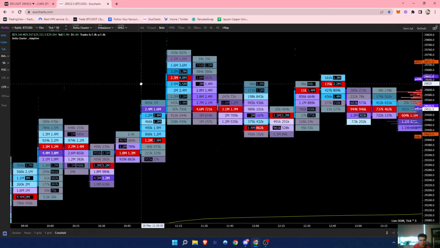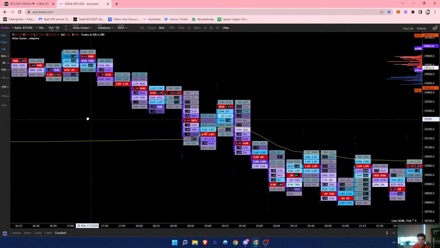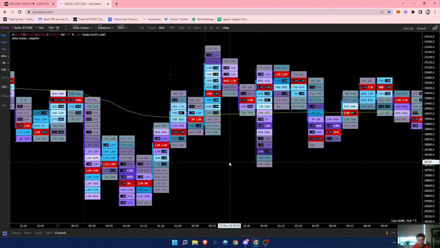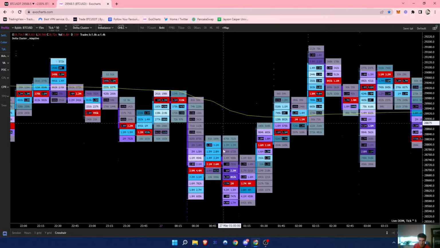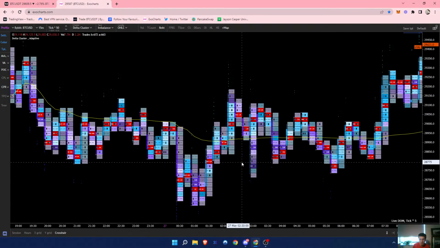So again, you want to see shorts shorting at support, longs longing at resistance, and then you want to see a candle closing below that, putting the traders underwater. And then you want to see, again, momentum or strength to the other side. So again, just looking at stacked longs or shorts, very, very powerful in determining direction size.